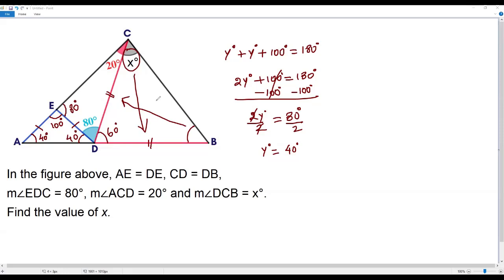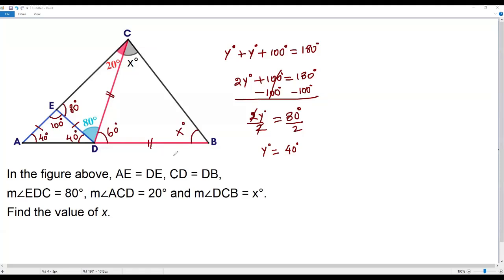These two angle measures must be equal. We know the angle here is x degrees, so the interior angle at vertex B must also be x degrees, because these two angles are opposite to the equal sides CD and DB.